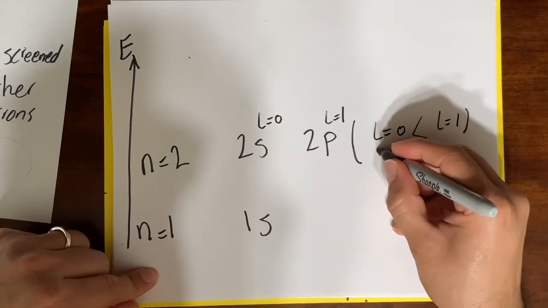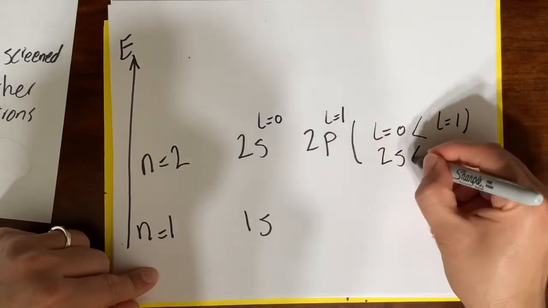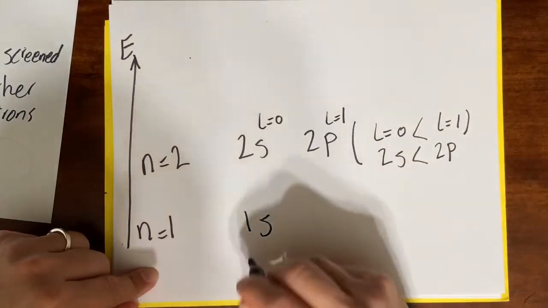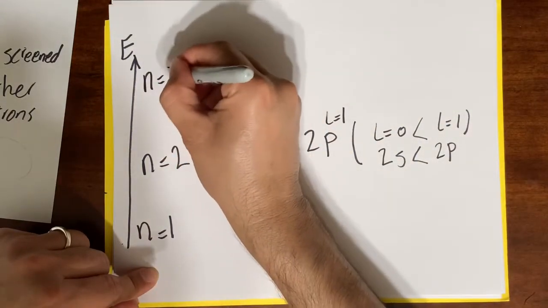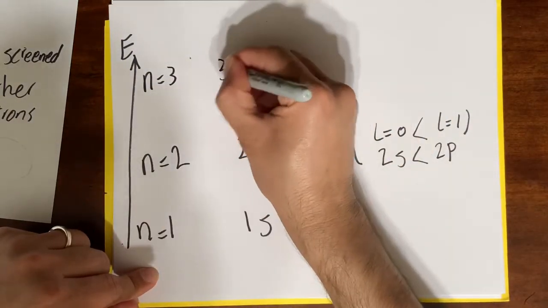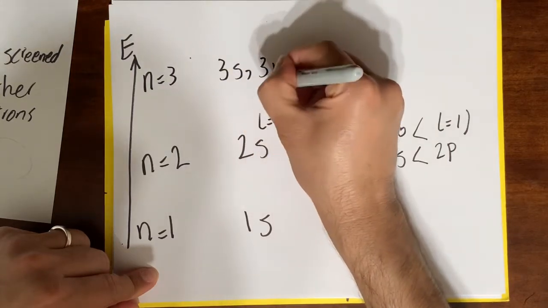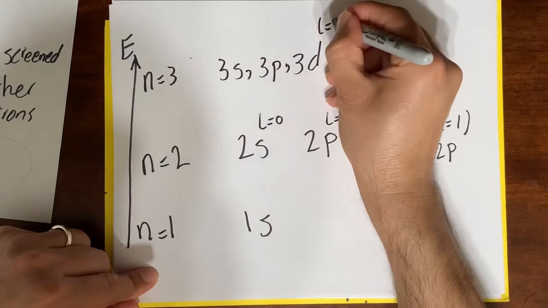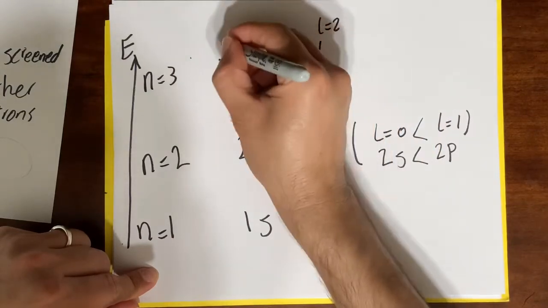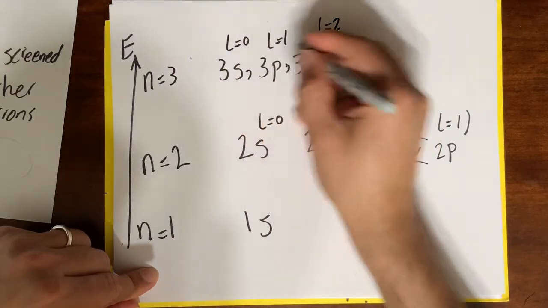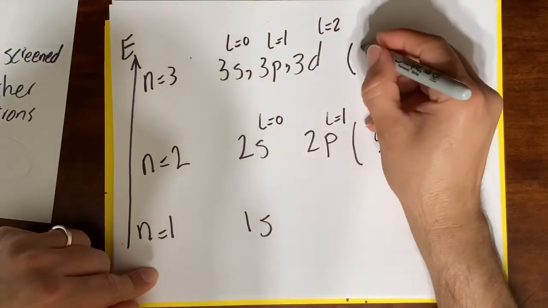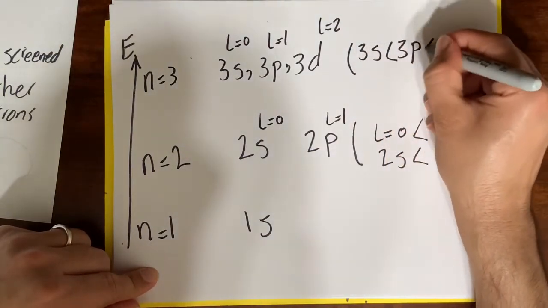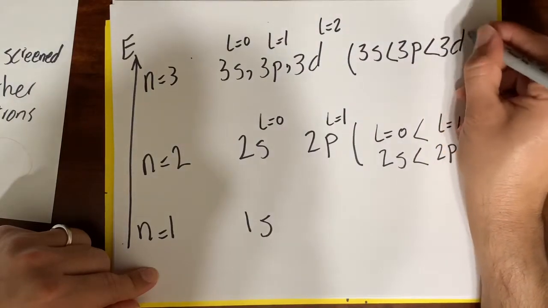So that means 2s always is going to be less than 2p in energy. And then n equal 3, you go with 3s, 3p, and 3d. So it will be 3s is the lowest, then 3p, and then 3d.